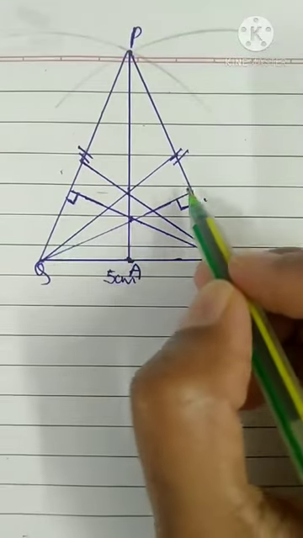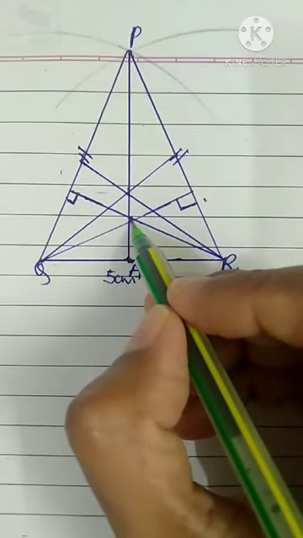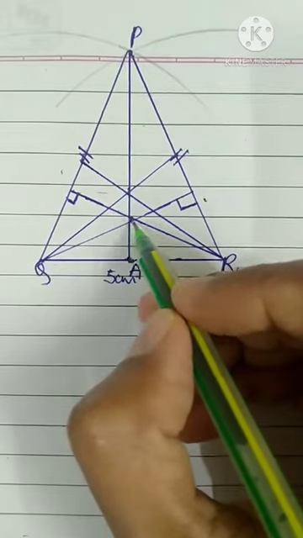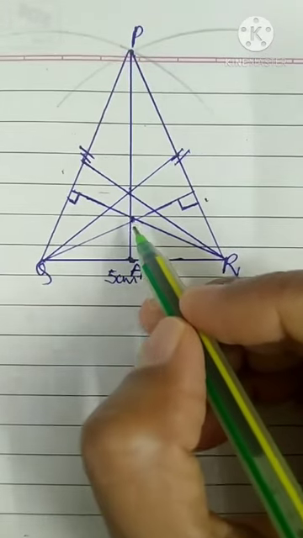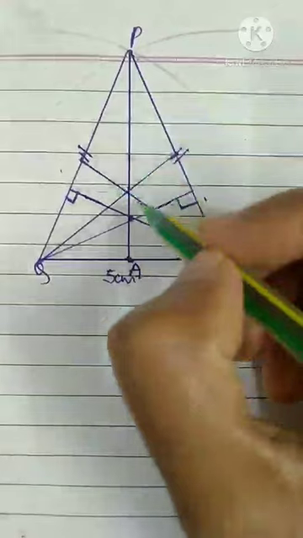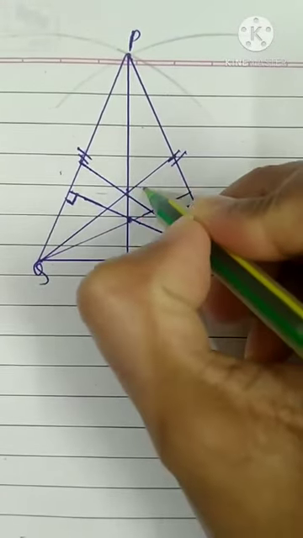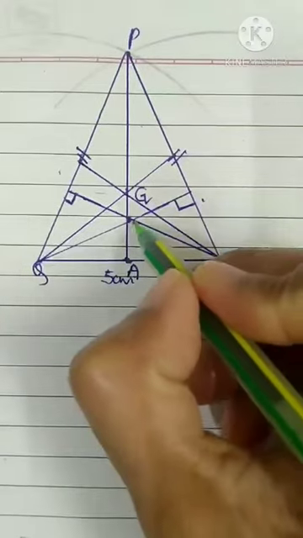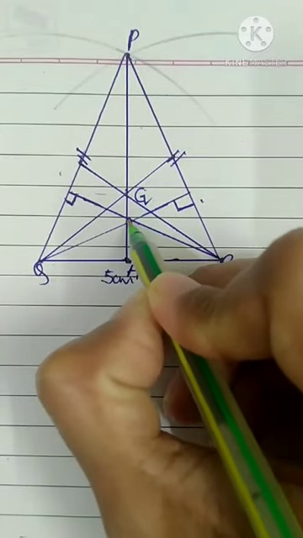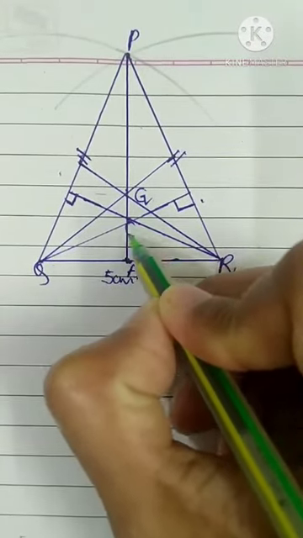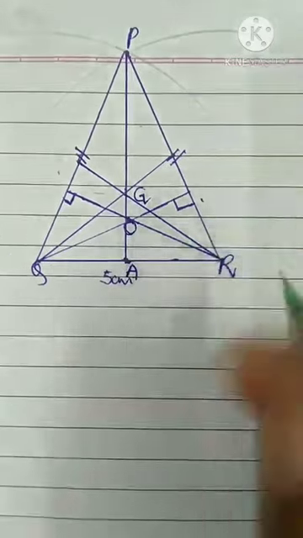Here, because I did it with pencil, there is a slight difference. It should come at a single point. This was the point of concurrence of median, so we will name it as G, and this is the point of concurrence of altitude, so I'll name it as O. Understood?